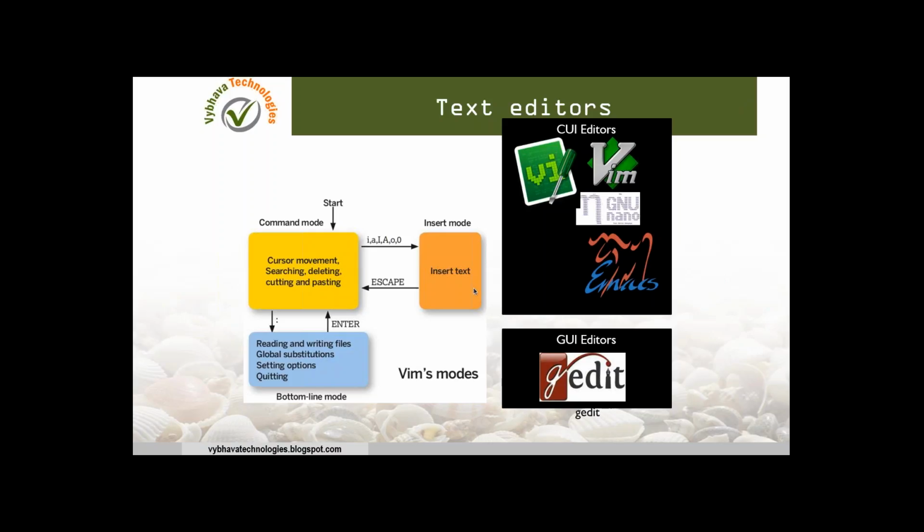Okay. Any other command, Ramakrishna? Yeah, other than that, normally I use dd to delete the lines. Okay. Good. And I use the de and db commands to delete words, forward words and backward words.